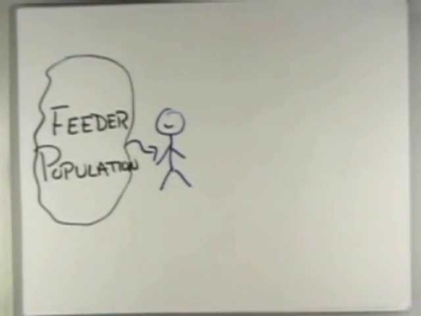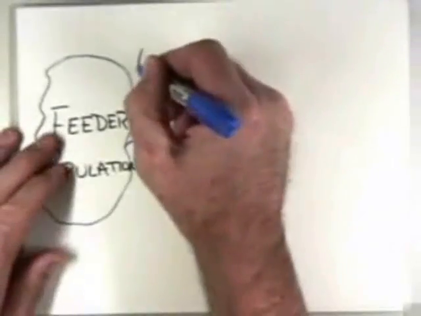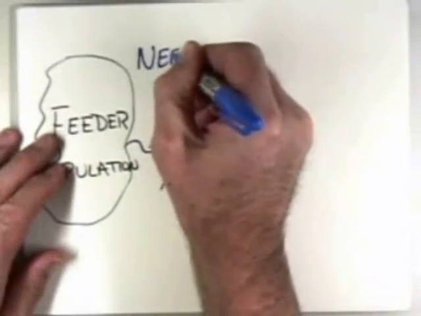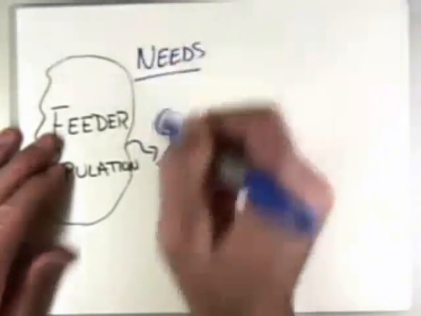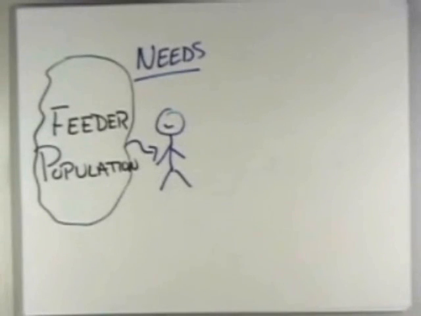They want some service. Now, there are two random variables that you want to keep track of when you're dealing with your customer. One would be the needs of the customer, which are random variables. Customers have different needs, what they want.